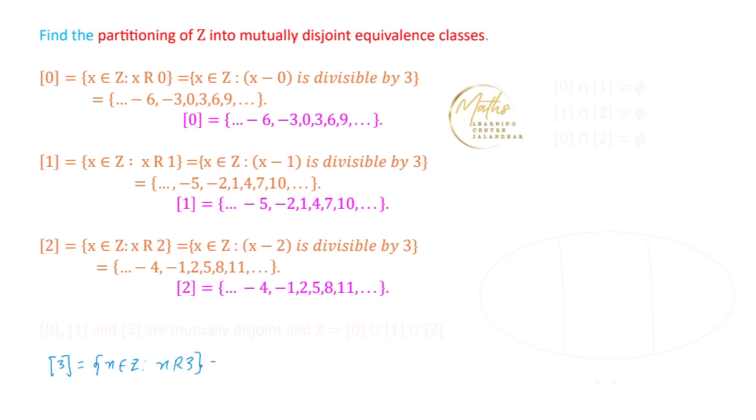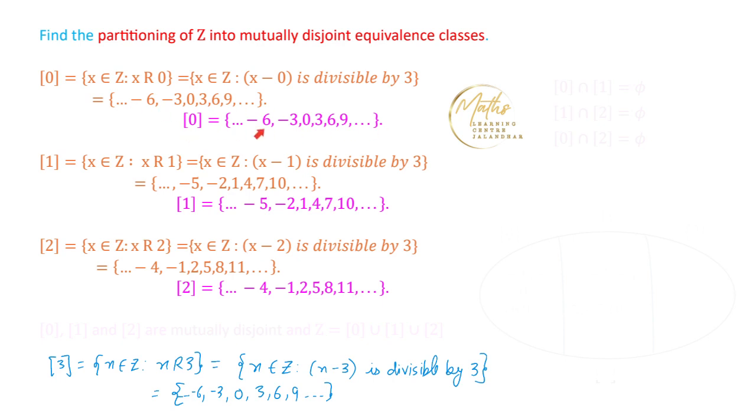It means we are talking about those integers Z for which x minus 3 is divisible by 3. So what are the elements over here? We list these elements. The collection we obtain is 0, 3, 6, 9, and so on, or minus 3, minus 6, and so on. So look at these values over here.